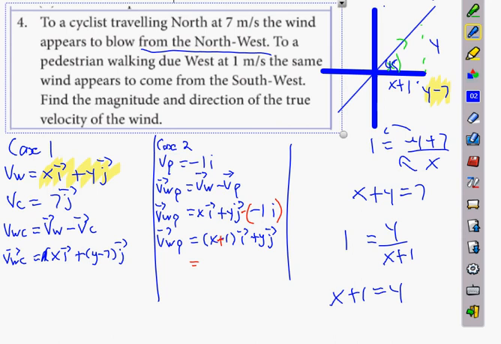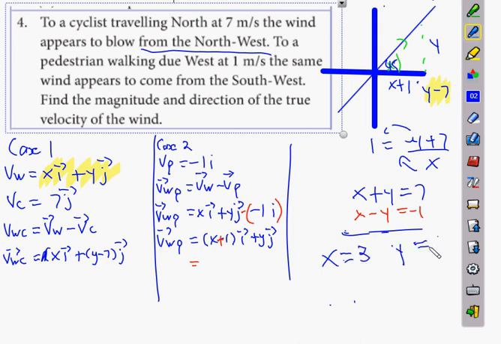So our second equation is going to be x minus y equals minus 1. We now just got to solve the simultaneous equation. I'm not going to go through that, I'm just going to write down what the answer is, save time. Okay, so when you solve the simultaneous equation, what you're looking at is that x is going to be equal to 3 and y is going to equal 4.